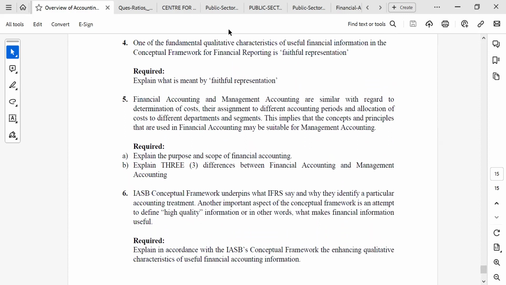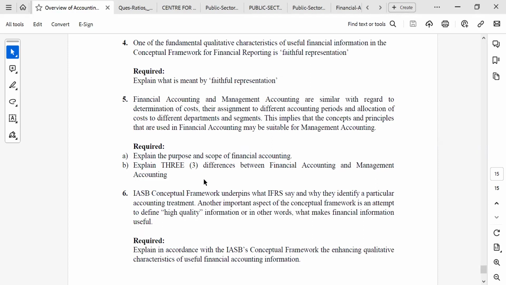Senior Mike, faithful representation, what do you mean? I think the explanation is that it should be free from errors, and then it should be neutral. Okay.